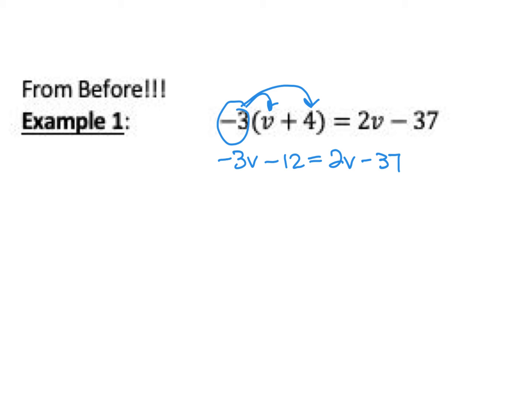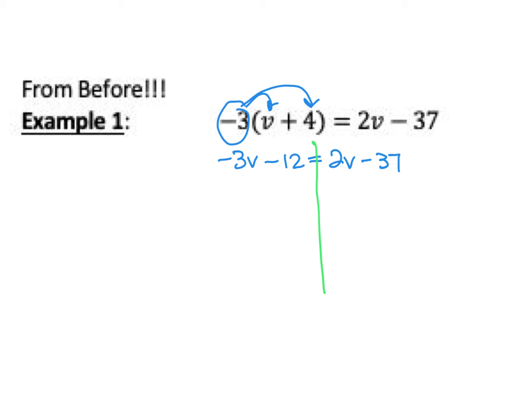All right, from here, we are going to check anything that we can combine like terms. Can we combine anything on this side? No. Can we combine anything on this side? No. So now we're going to move things from one side of the equation to the other. I like to get rid of my negatives, and I like to move my variables first. So I'm going to look at this negative 3V.